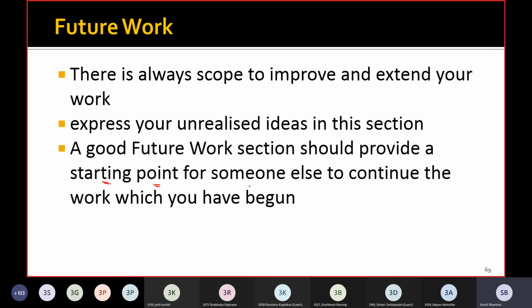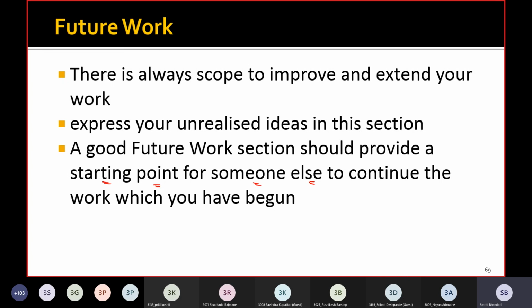A good future work section should provide a starting point for someone else to continue the same work. Many times whenever we read a research paper, we look at the future work. Future work would be the starting point for our work.